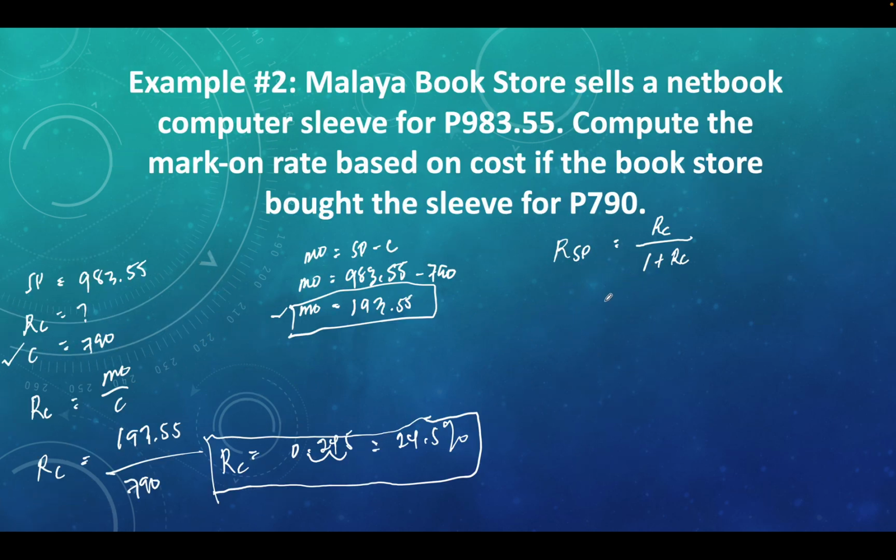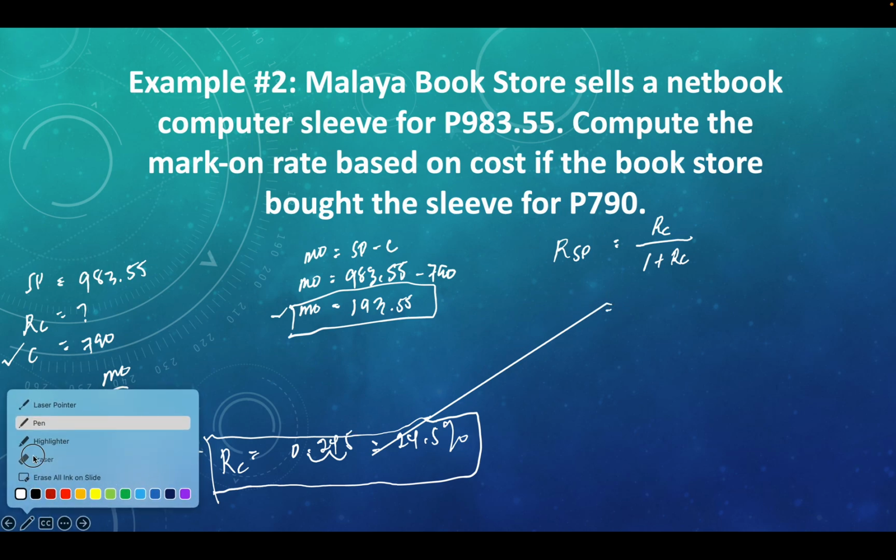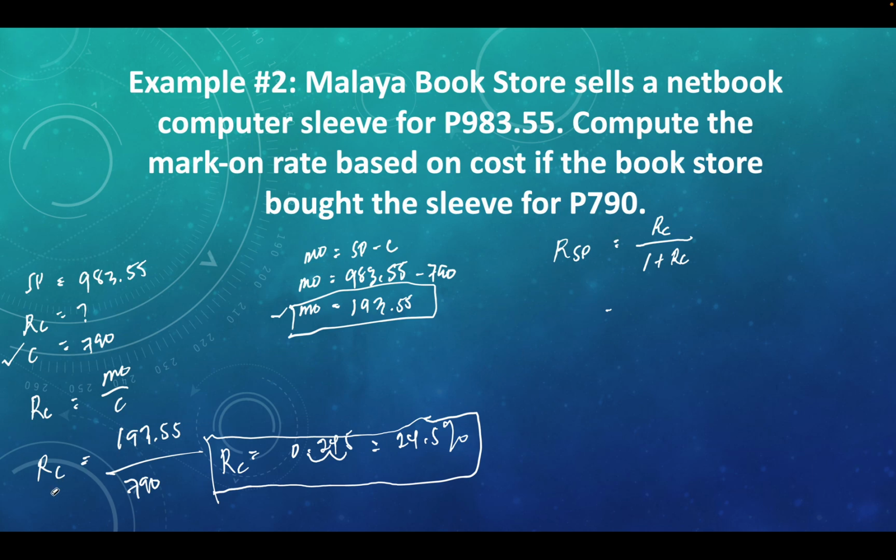Substitute na natin ngayon yung given. Rate based on selling price is equals to rate based on cost natin, which is 0.245 all over 1 plus 0.245. So, 1.245.